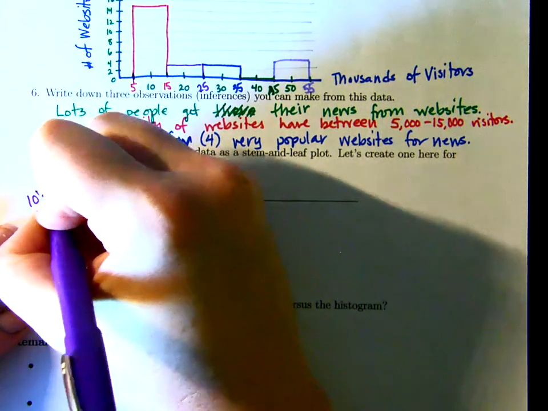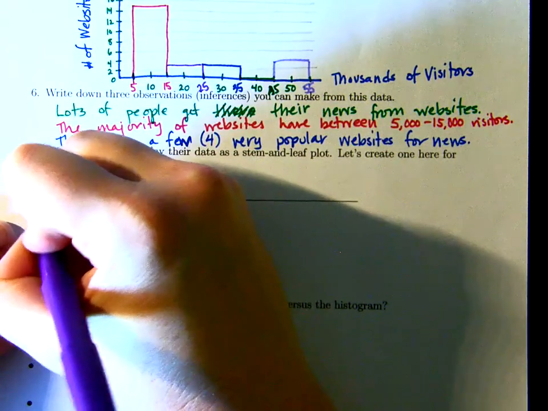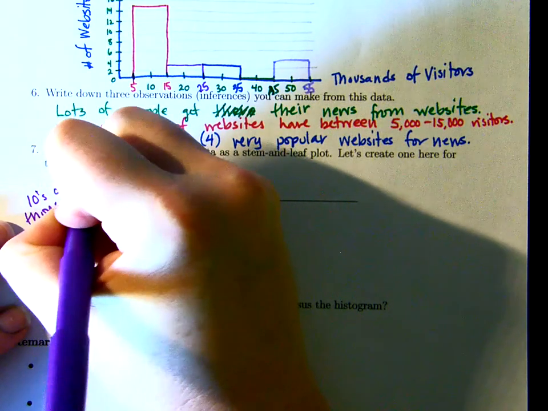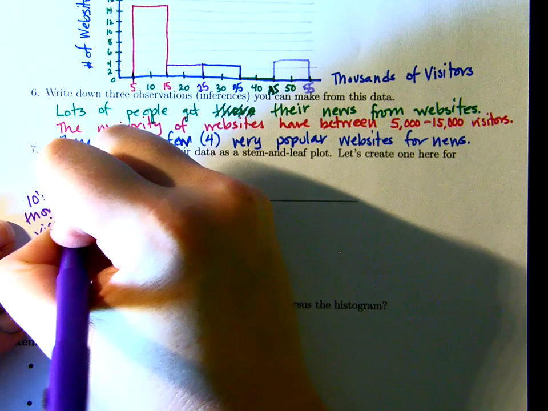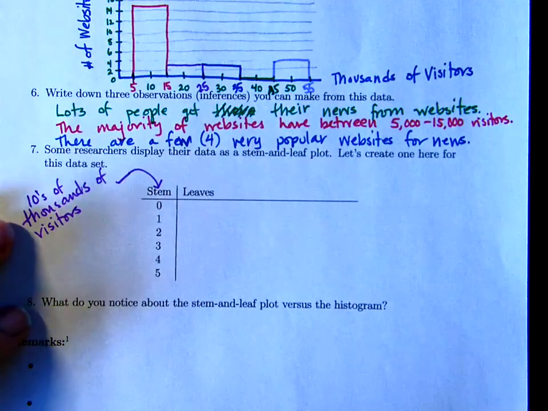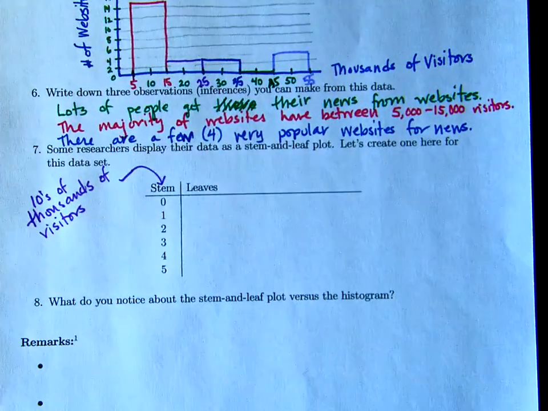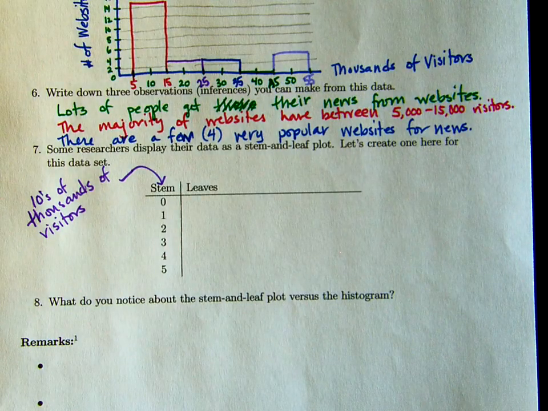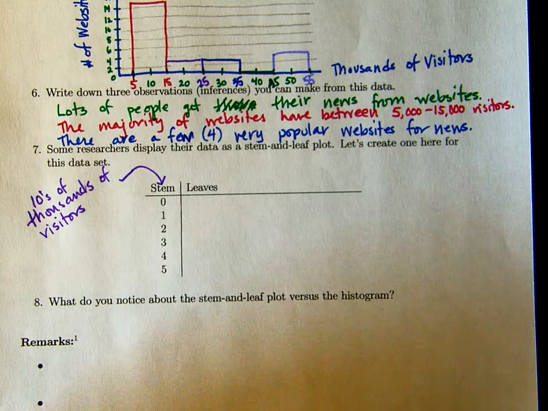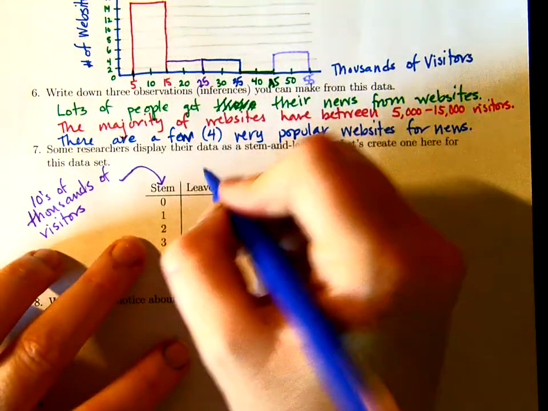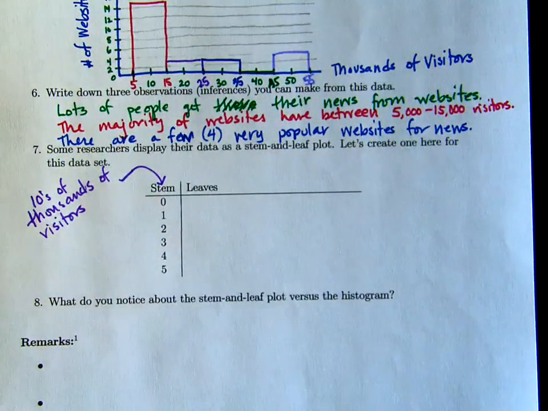Tens of thousands of visitors to the website. And I think they even say unique. And then the leaves represent each one in the sample. So we're going to do that quick.